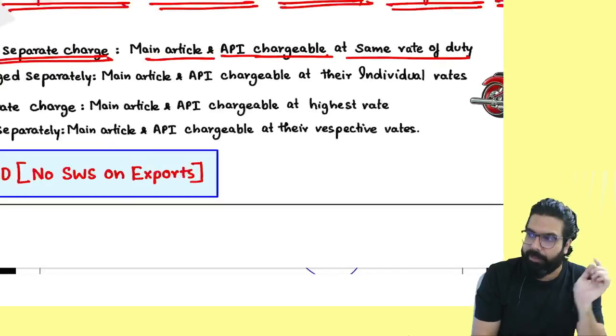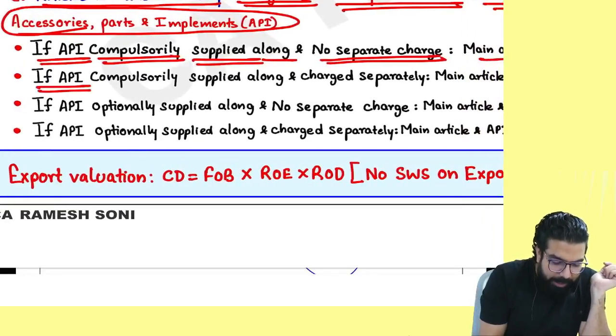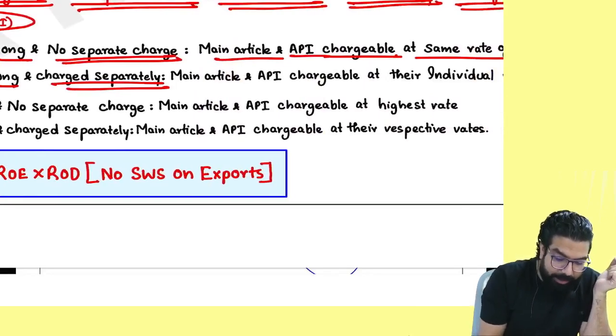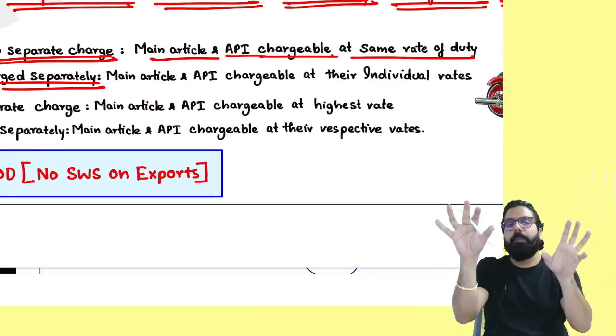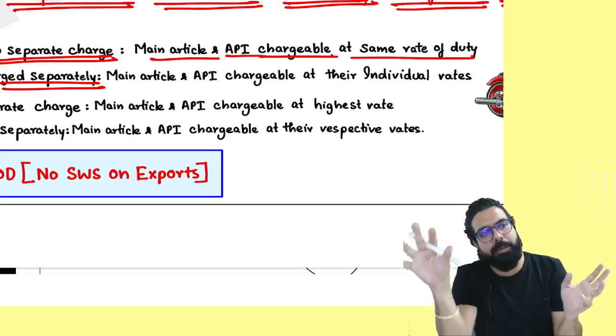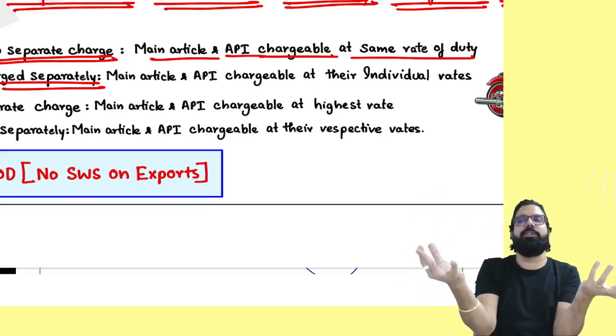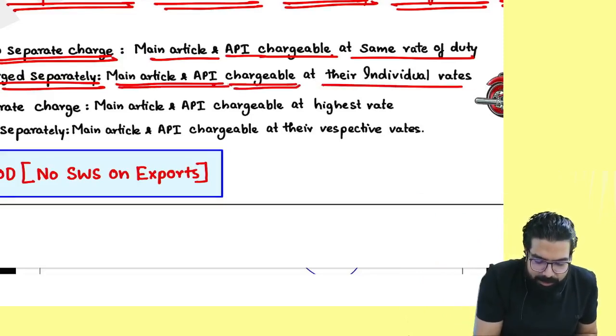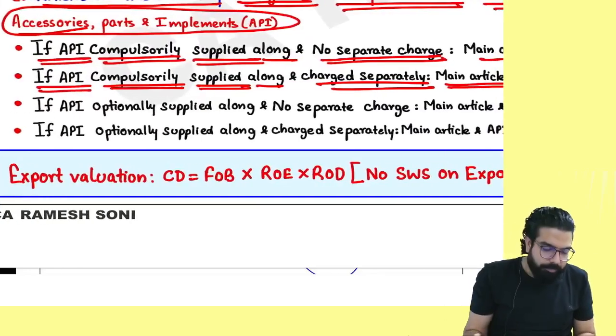Composite supply. Next, if APIs are compulsorily supplied along and charged separately, compulsorily given with separate amount charged, it is two individual supplies, separate rate. Main article and APIs are chargeable at their individual rate.